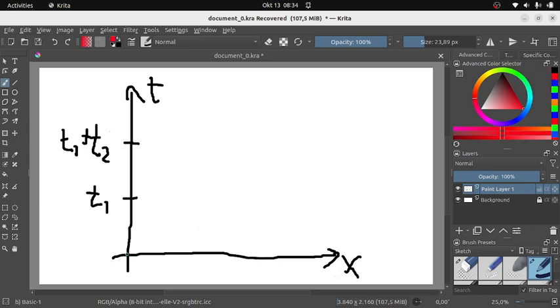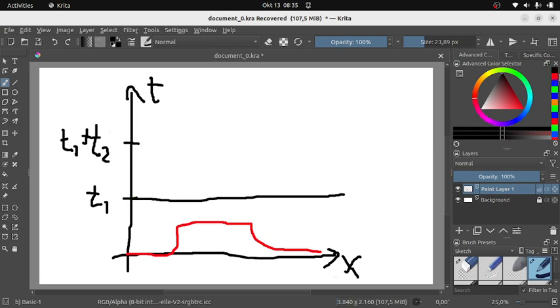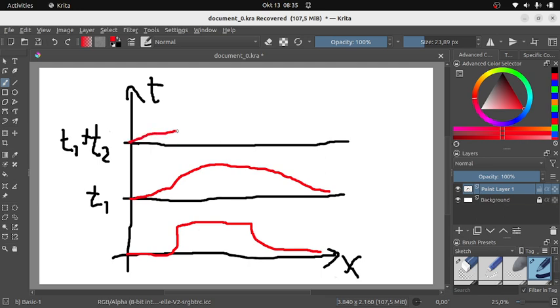And here we have some signal, and at t1 we'll have another signal, maybe something like this, and at t1 plus t2, you have maybe something even more spread out.